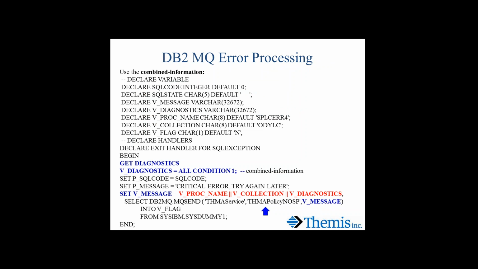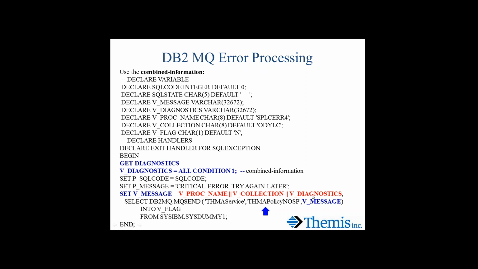I also move the critical error, try again later, common error that goes back to the caller. I use a variable called vMessage. This is the message I'm going to write out to the MQ series queue. What I'm taking is the non-diagnostic information that I want to capture, such as the proc name, the collection ID, and the diagnostic information from the GET Diagnostics.